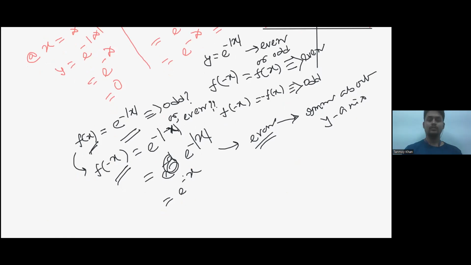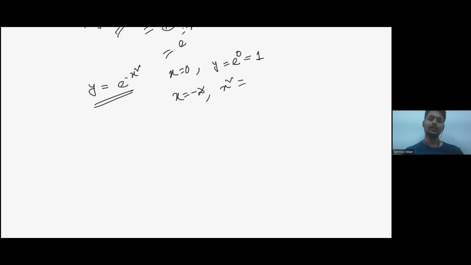We'll do one more example. Let's say y is equals e to the power minus x squared. How will the plot be, right? Similarly, at x is equals 0, what will be the value of the function? e to the power 0, no doubt about it. Now at x is equals minus infinity, x squared will be plus infinity, right? So e to the power minus infinity is 0.